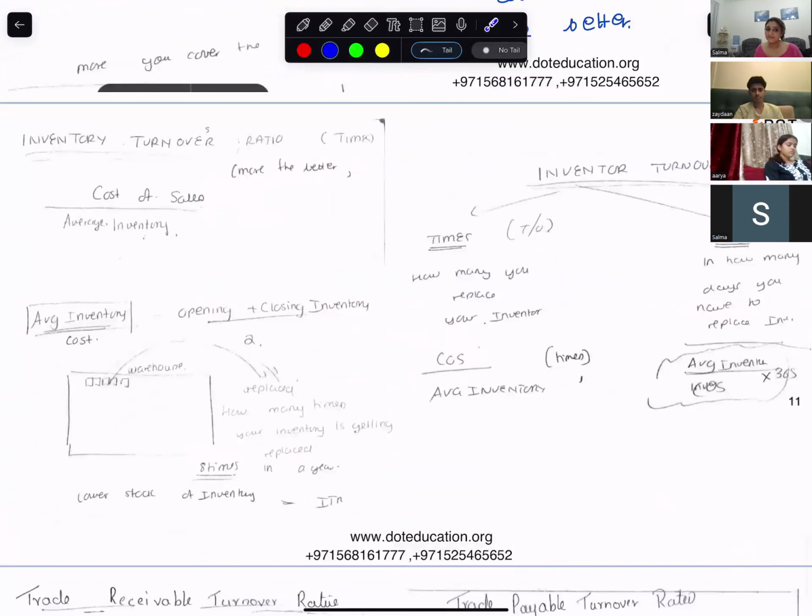Then you have your turnover ratios. First is your inventory turnover ratio. The formula for this is cost of sales over average inventory. Average inventory means your opening inventory plus your closing inventory divided by 2.